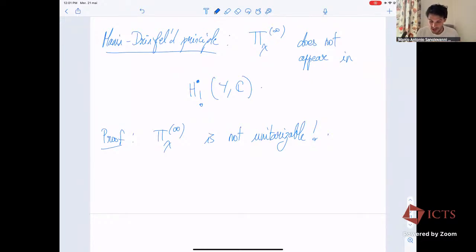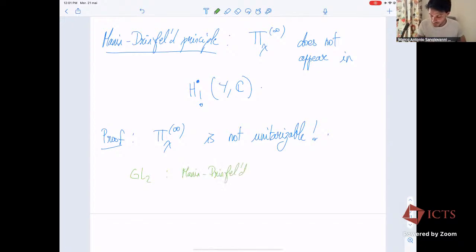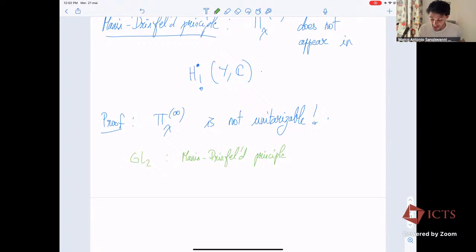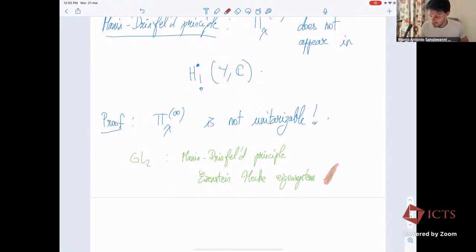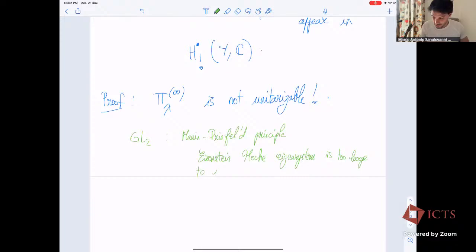Okay, and in the case of GL2, you can even use a softer argument. In the case of GL2, the Manin-Drinfeld comes from the Eisenstein Hecke eigensystem being too large in absolute value to ever be cuspidal.